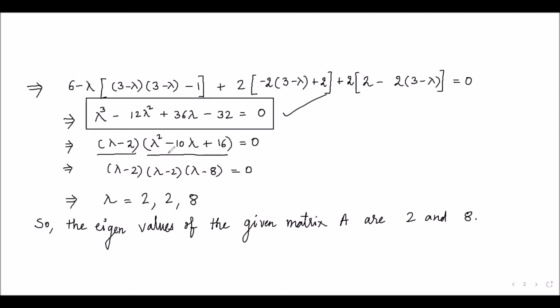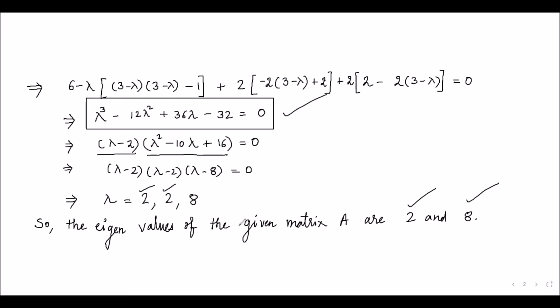Further factorizing this quadratic term, we get the 3 roots of this characteristic equation, which are 2, 2, and 8. Since the roots of the characteristic equation are the eigenvalues, for this particular matrix A we have 2 distinct eigenvalues, which are 2 and 8. Here, the eigenvalue 2 is repeating 2 times.